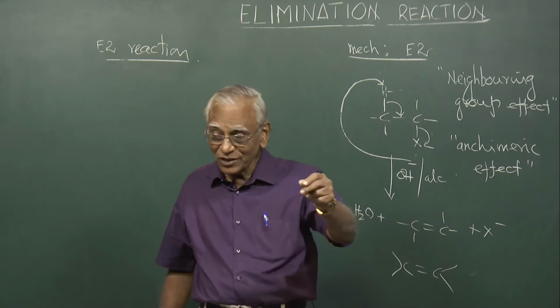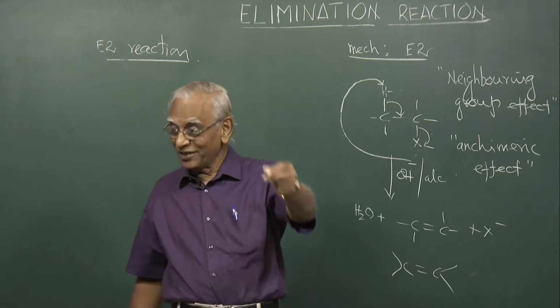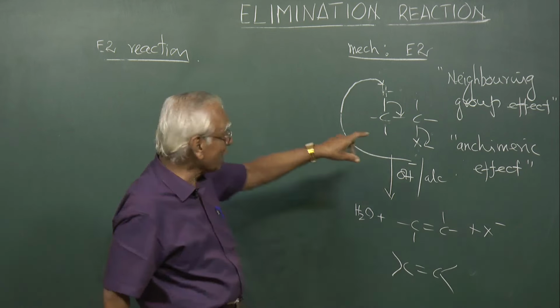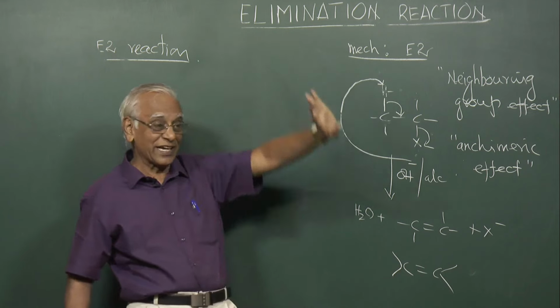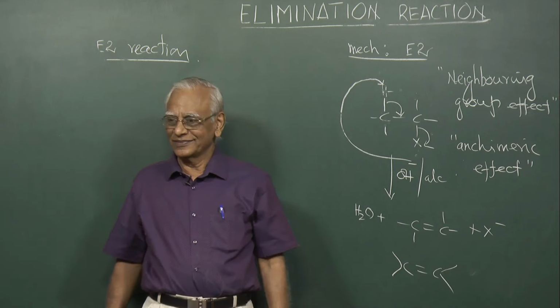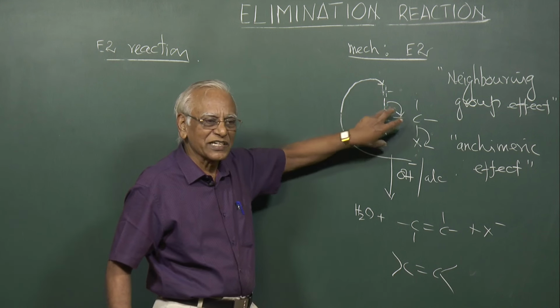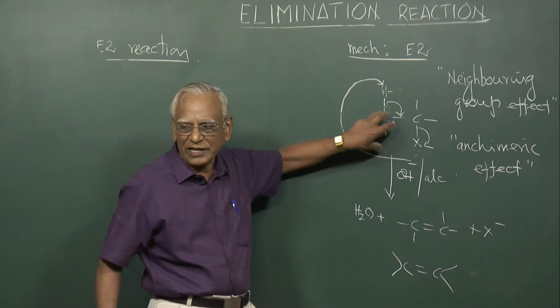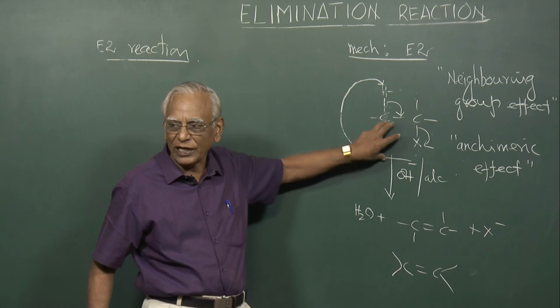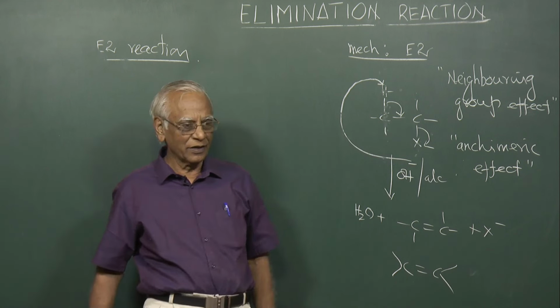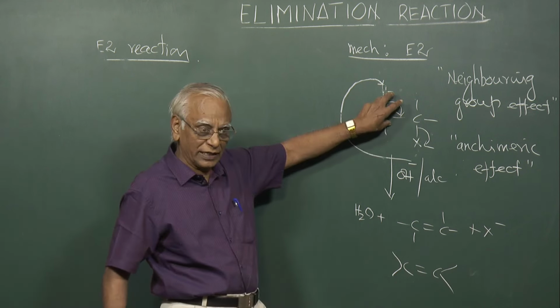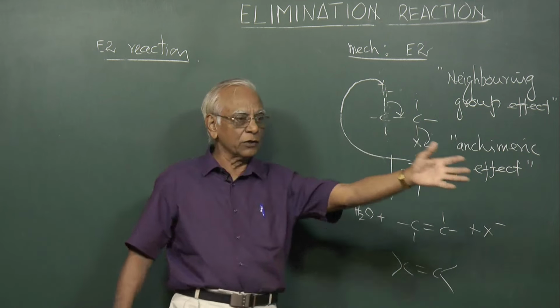And I told you, there is a formation of a carbanion. When does a carbanion form? When the hydrogen goes as H plus ion. So it mainly depends on this particular bond dissociation enthalpy whether it is going to be the E1 reaction, E2 reaction or E1CB mechanism. When it is very strong, the halogen goes out.